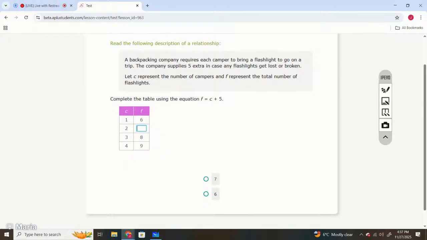So which is the correct option? So C equals 2, F equals 7. Option number 1 is the correct option.